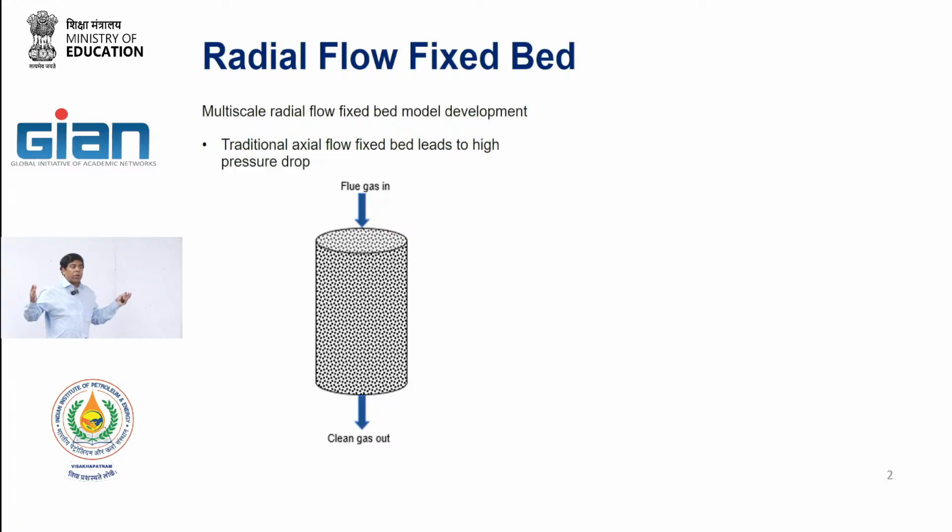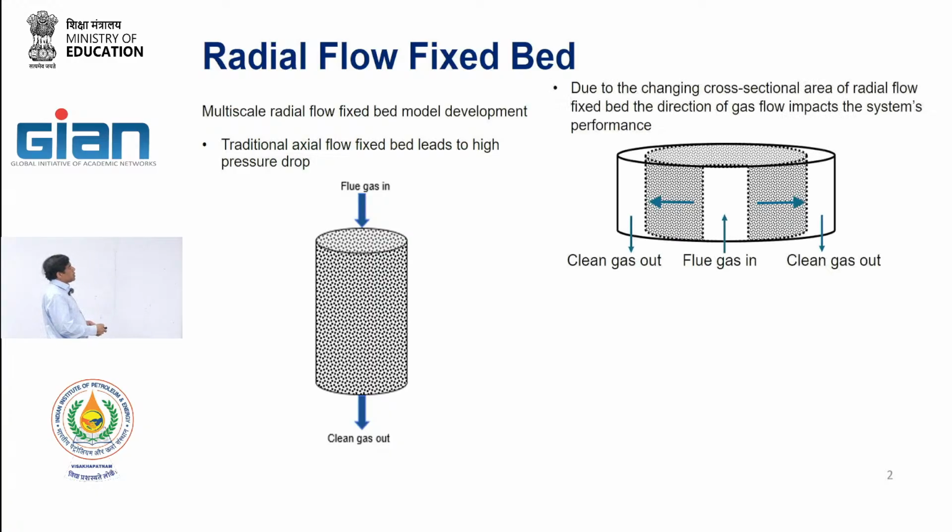The issue with the flue gas is that there is so much nitrogen present that you do not want to compress that gas. Always try to avoid it if you can, because that's a massive amount of compression power, right? So a radial flow bed looks like this.